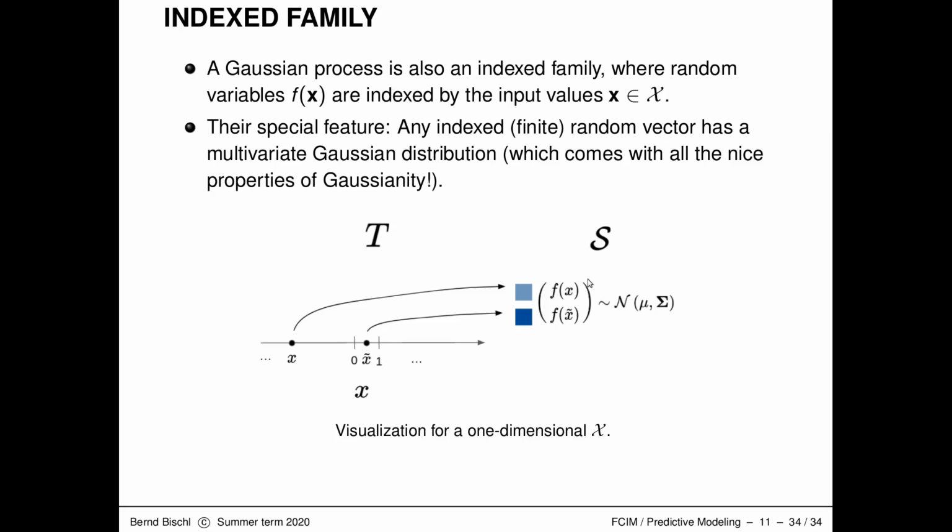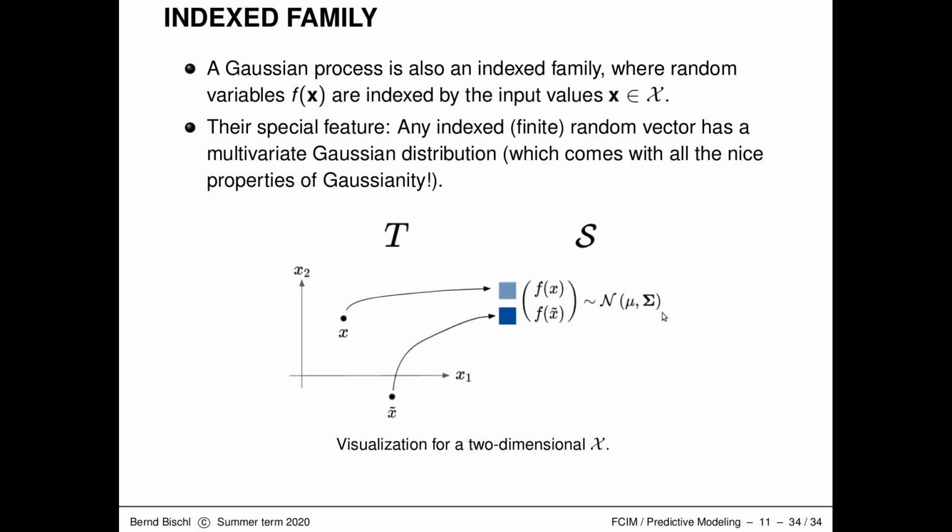And now you know that this two-dimensional vector is just distributed as a Gaussian. This was our marginalization property. Or you can also do this on R to the 2, where P equals 2, so we have a two-dimensional input space. And again, the outcomes for these 2 points are again normally distributed.